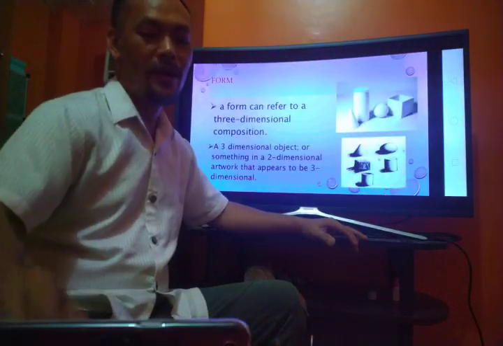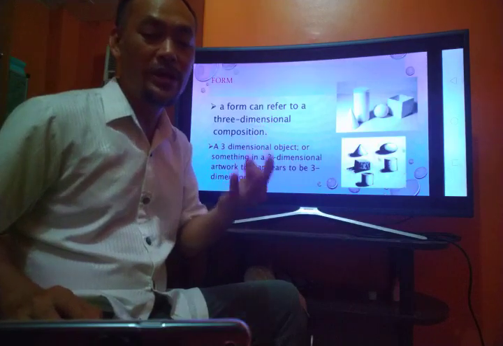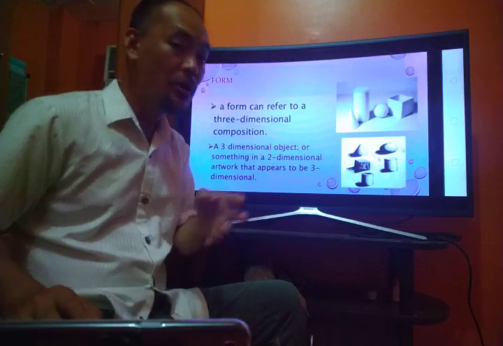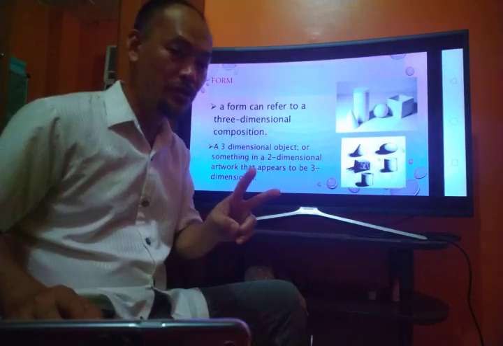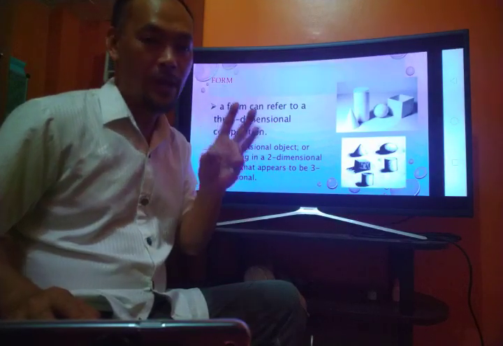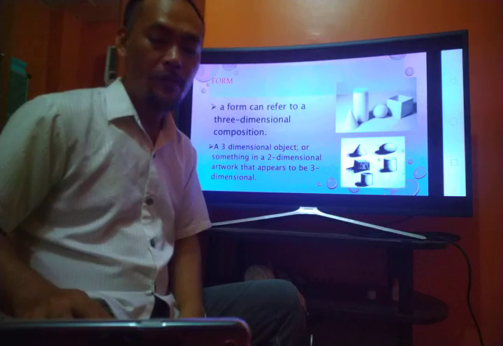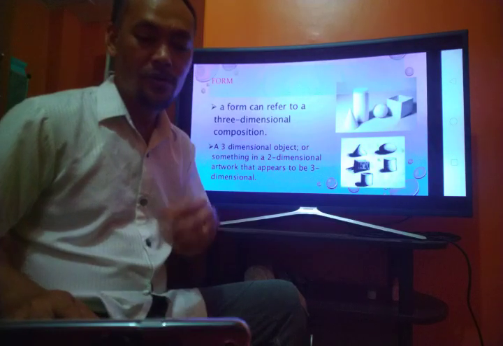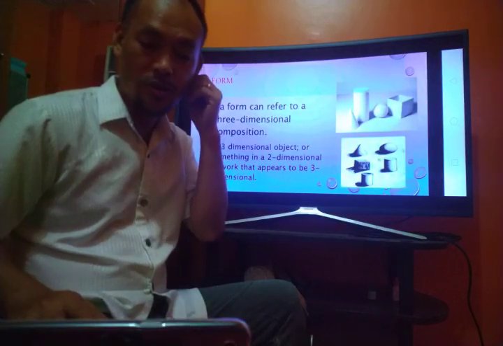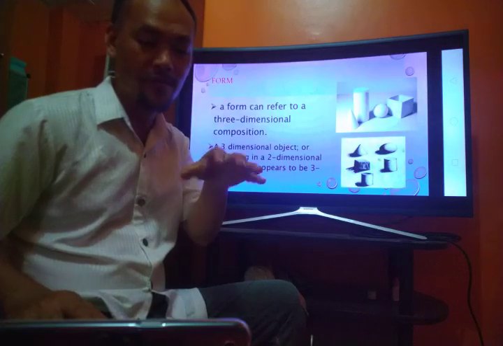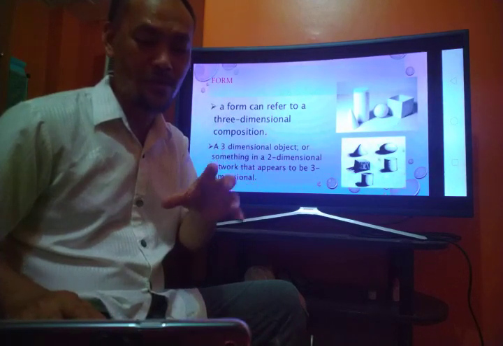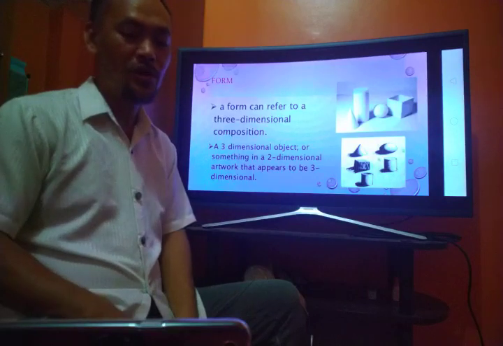Okay, form can refer to a three-dimensional composition. Remember, shapes have 2 dimensions. Form has 3 dimensions. So a form can be a three-dimensional object or something in a two-dimensional artwork that appears to be three-dimensional.